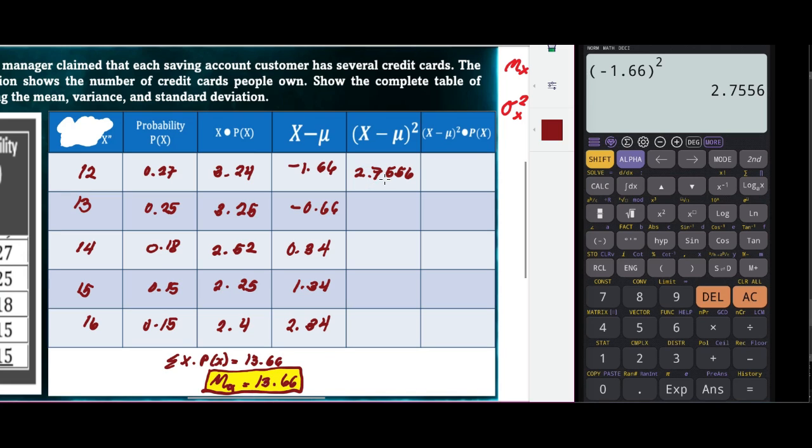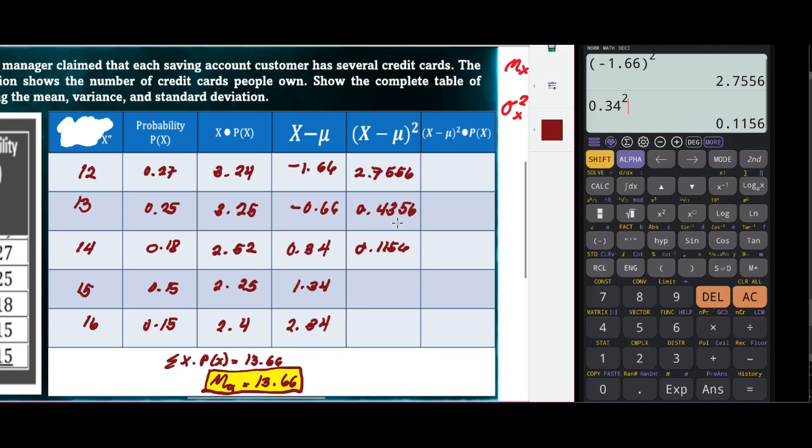Next, we have negative 0.66 squared. That will be 0.4356. Next, we have 0.34 squared. Tama? 0.34 squared is 0.1156.